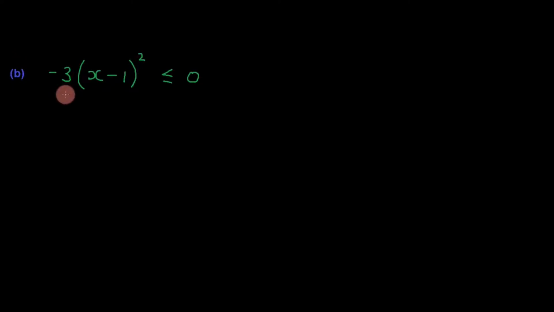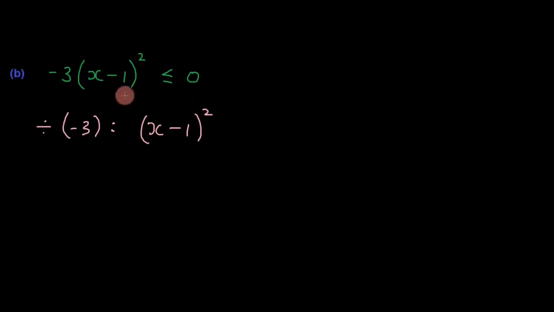Then in B we have negative 3 times x minus 1 all squared must be less than or equal to 0. We can first get rid of the negative 3 in front of the brackets by dividing through by negative 3. So we get x minus 1 all squared.